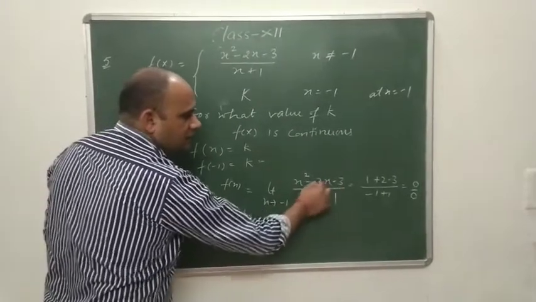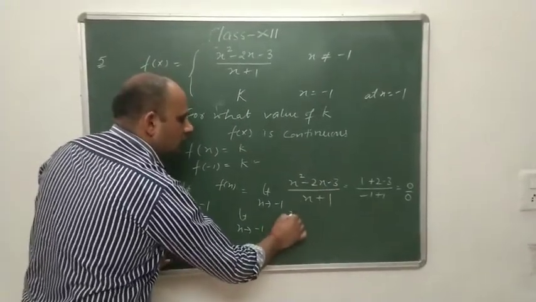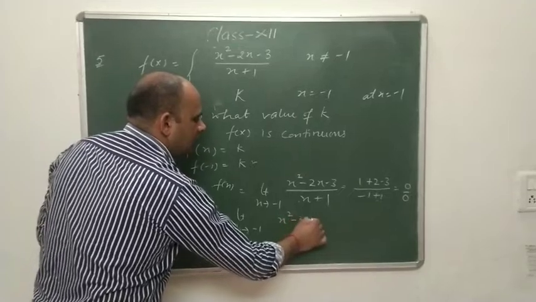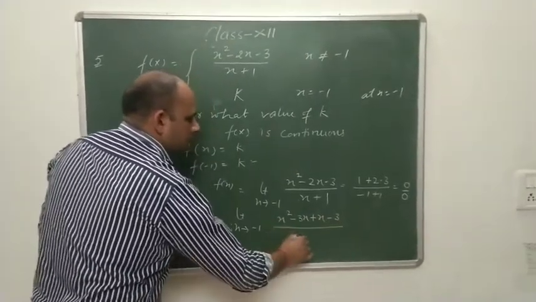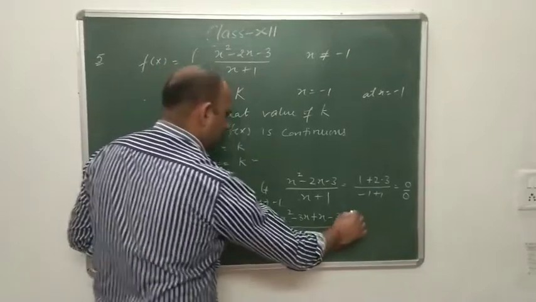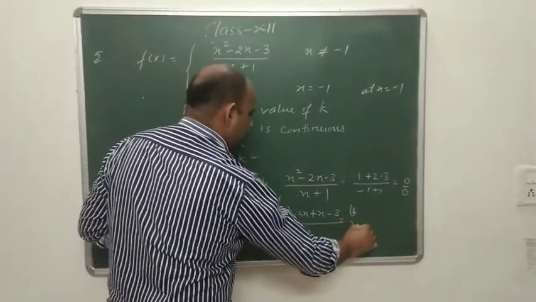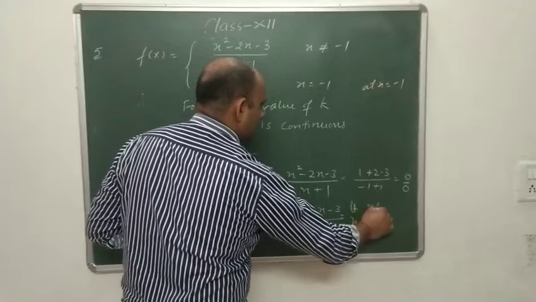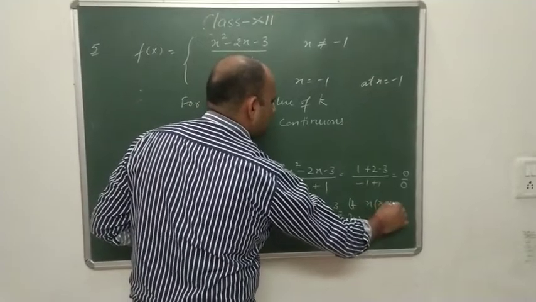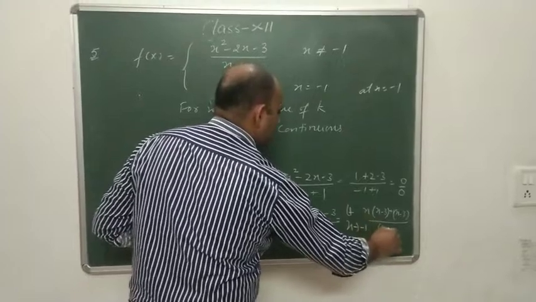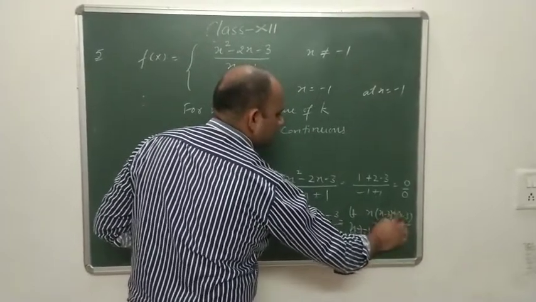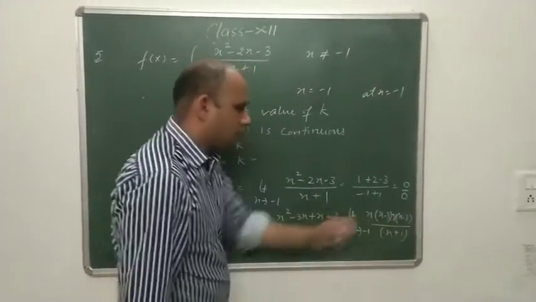Product is minus 3, sum is 2, and it is minus 3x plus x. Limit x tends to minus 1: x is common, (x minus 3), plus 1 is common, (x minus 3)(x plus 1).